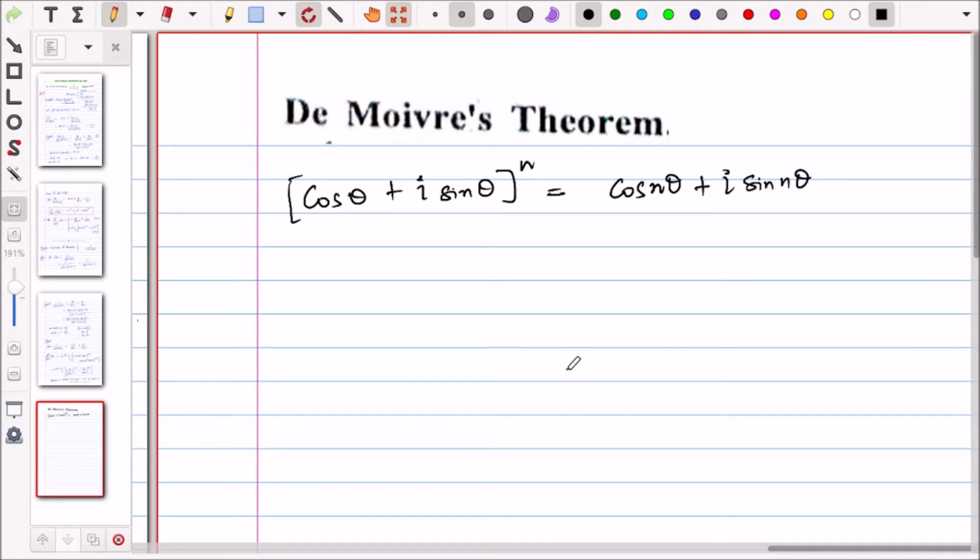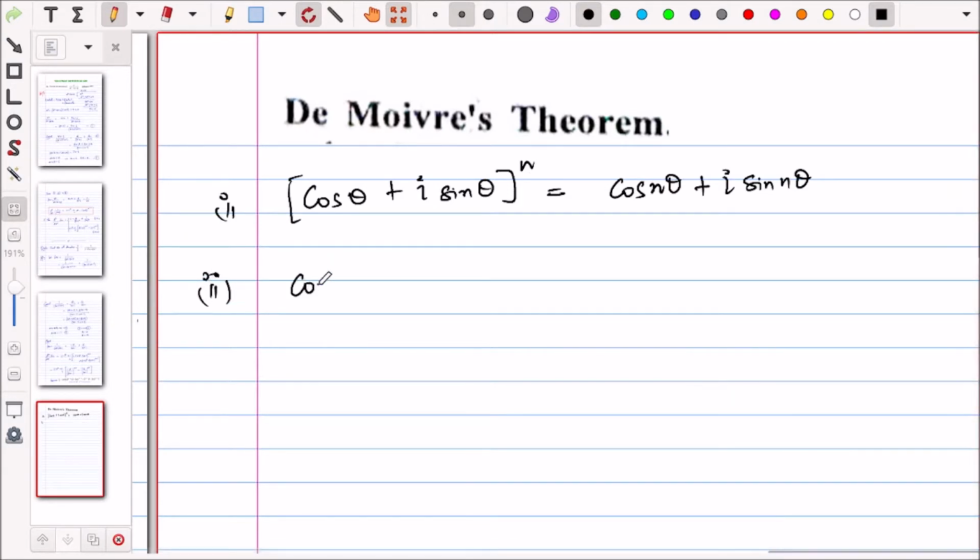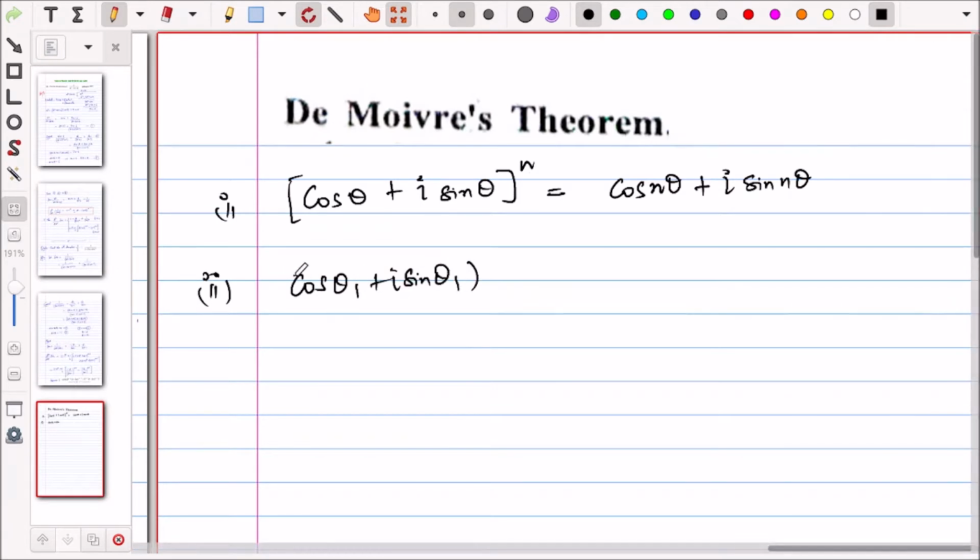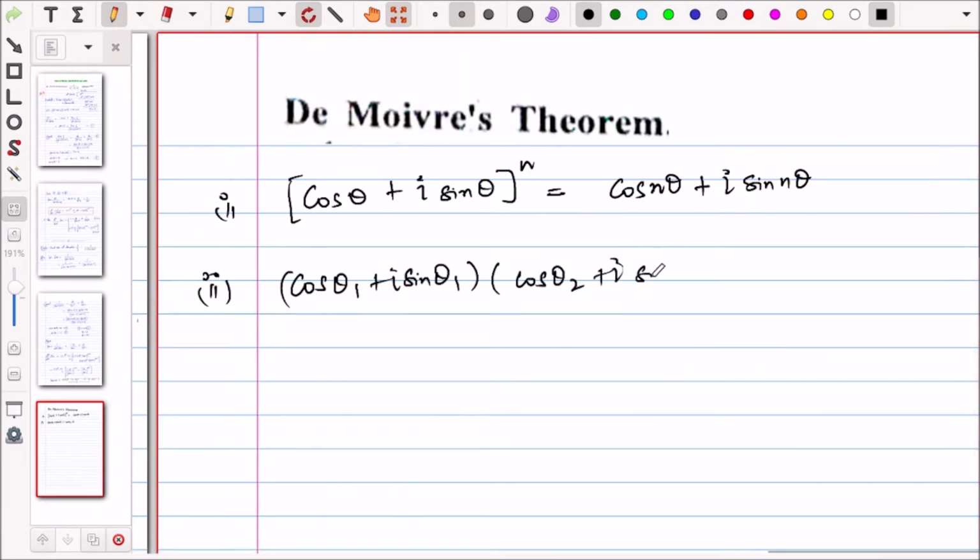So you can bring this power into the argument. Is it fine? And there is another form for this, which is if you have (cos theta 1 plus i sin theta 1) (cos theta 2 plus i sin theta 2) and so on.